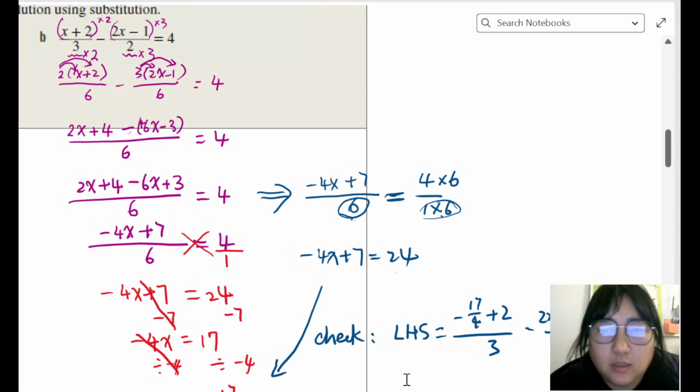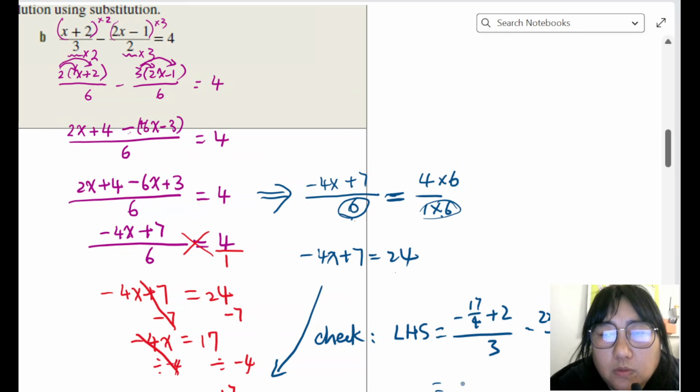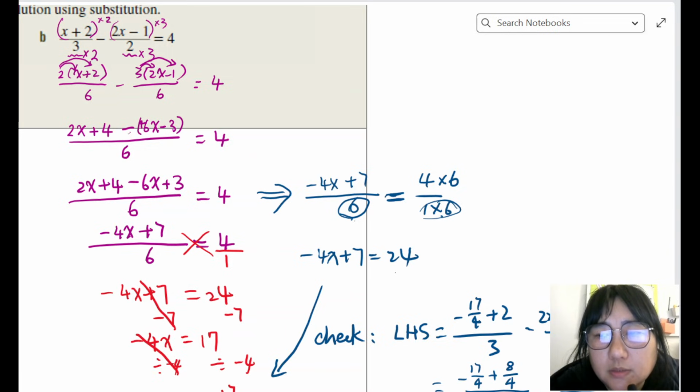So we can have a look at this one. So that is equal to 3 and negative 17 over 4 plus 8 over 4. Then take this 2, 2 times negative, that is negative 17 times by 2.